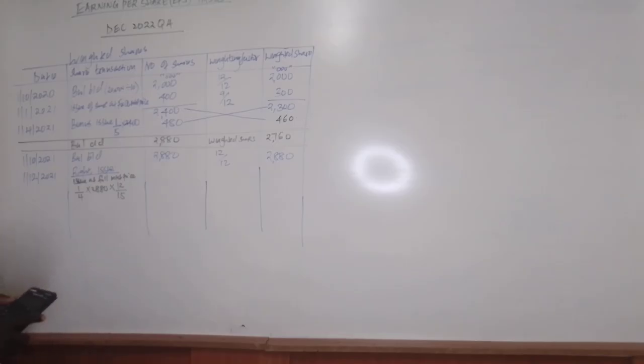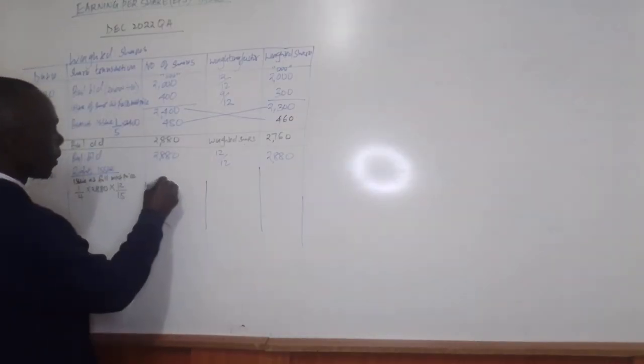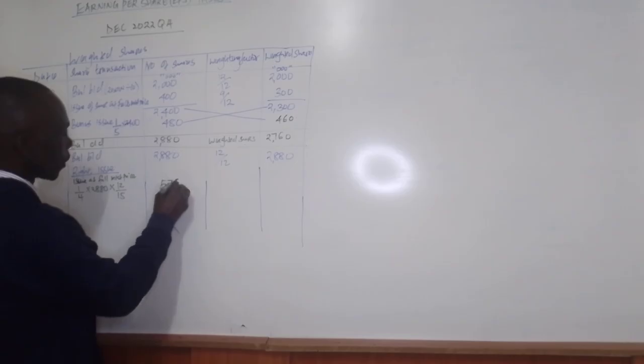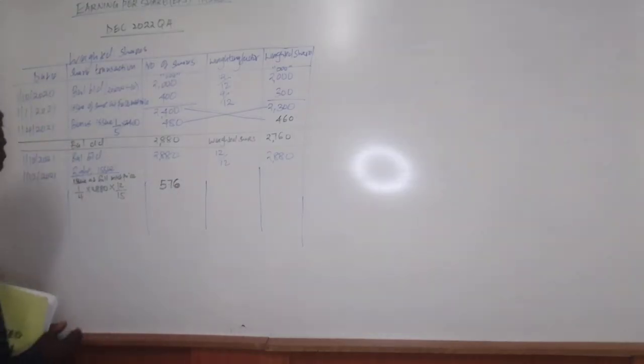Then you multiply by 12 out of 15. So those shares which were issued at full market price were 576. So the shares issued at full market price, they are weighted.